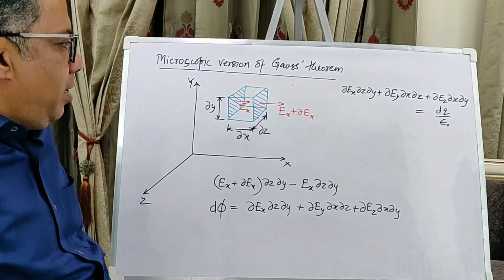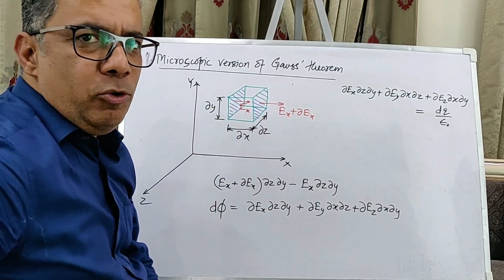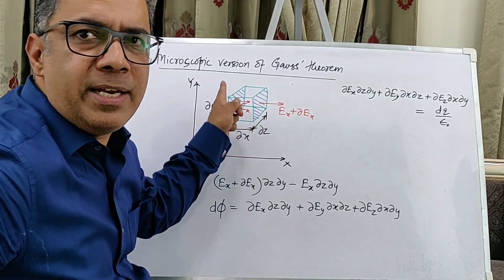Now, the volume of this cube is del x, del y, del z.